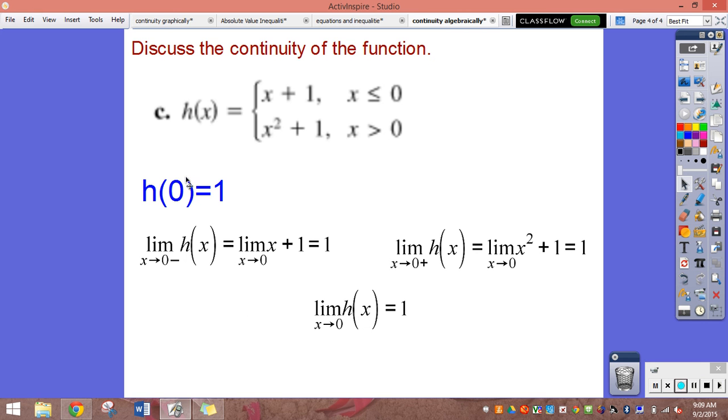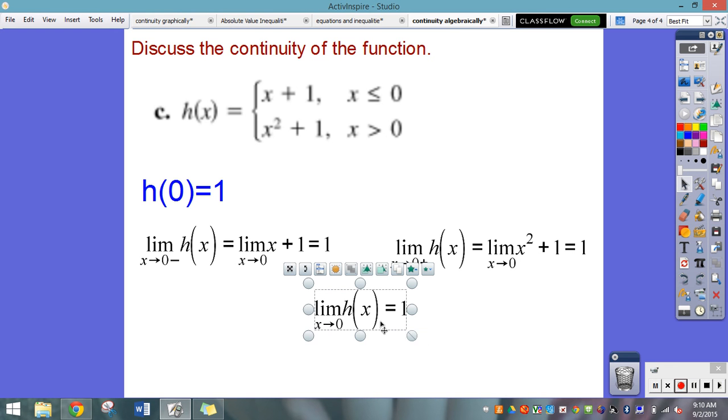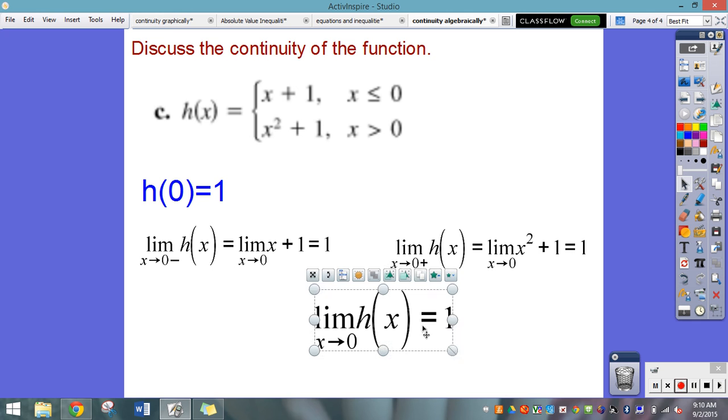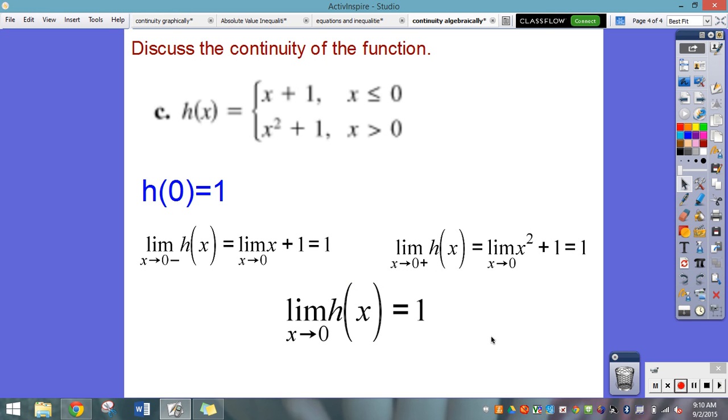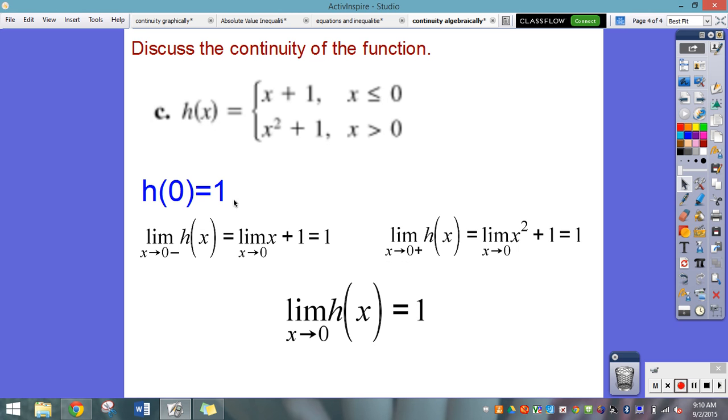So we've shown that h of c, which is 0 in this case, h of 0 equals 1. It's defined. We've also shown that the limit exists, and that it equals 1. So indirectly, we've also shown the last condition, which is the fact that h of c must equal the limit as x approaches c. And I need to state that as well.